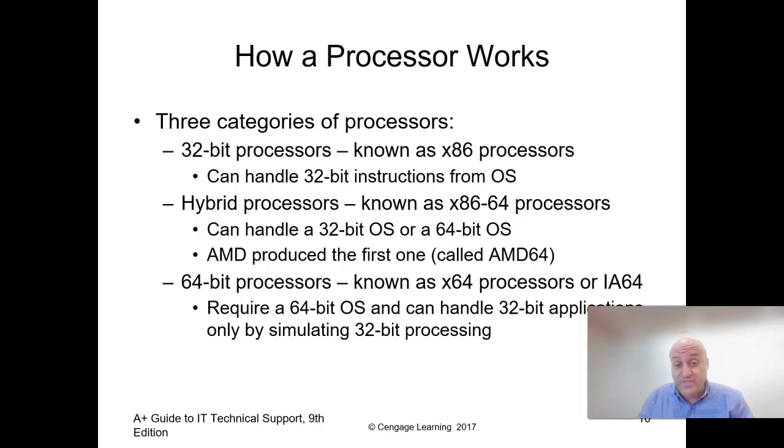You need to know this 86 because if you find 86 in any hardware, you will know it is a 32-bit processor. The hybrid processor, known as 86 or x86-64, can handle 32 or 64. AMD also produced the first one, called AMD 64.